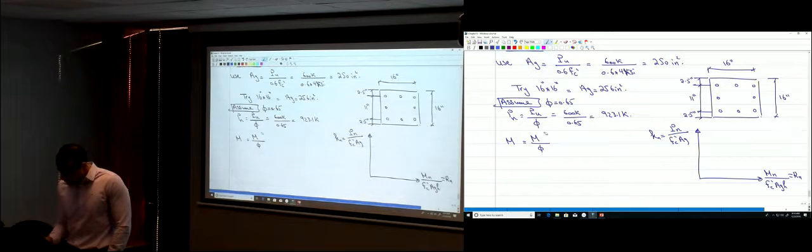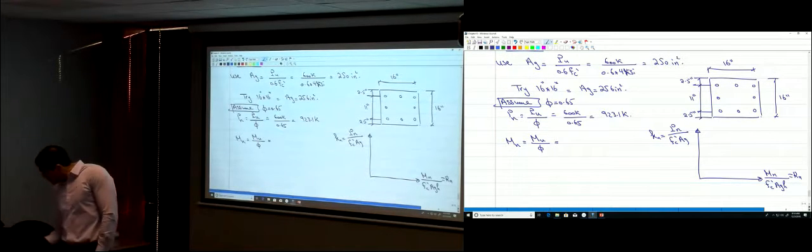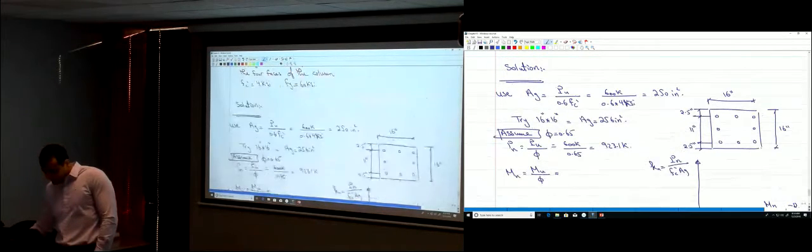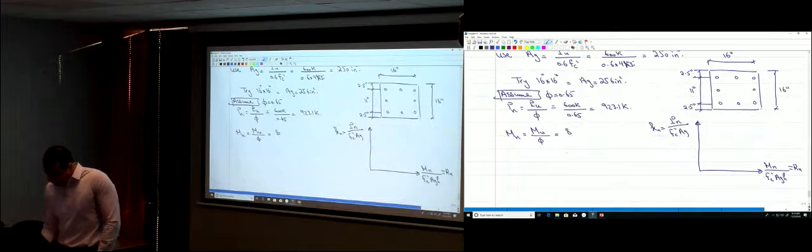And here, M nominal is M ultimate divided by phi. How much was M ultimate? 80 kip-feet. So 80 kip-feet divided by phi.